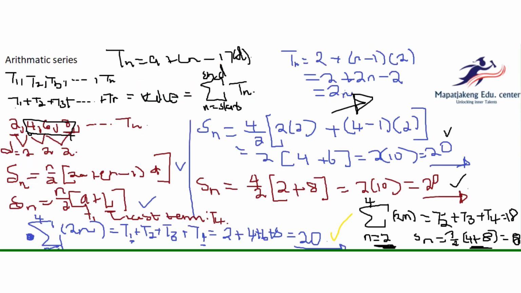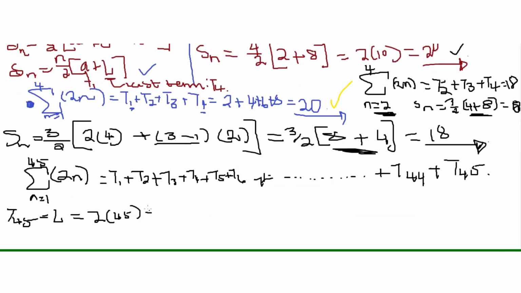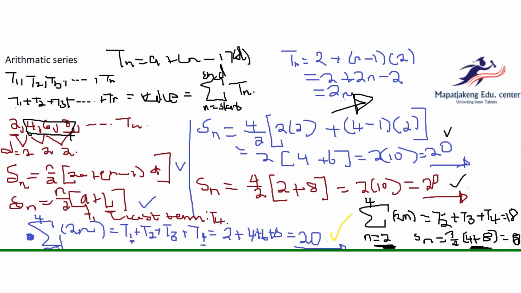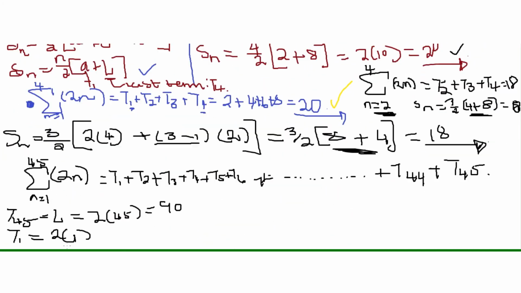Here we're just substituting n, and then this becomes 90, right? And then your t1 is going to be 2 into 1, by just substituting 1 on the tn formula for the sequence. It's going to be 2, right? Then t1, you know, it's your a.